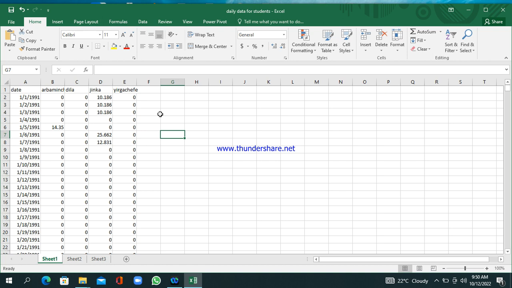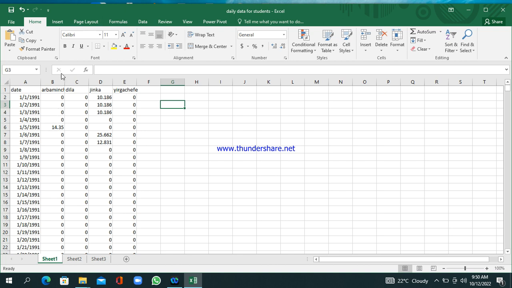Since the data is daily, we have to change it into monthly and seasonal. There is one technique to change from daily to monthly. Here is the daily data. This is the date, and this is the data.